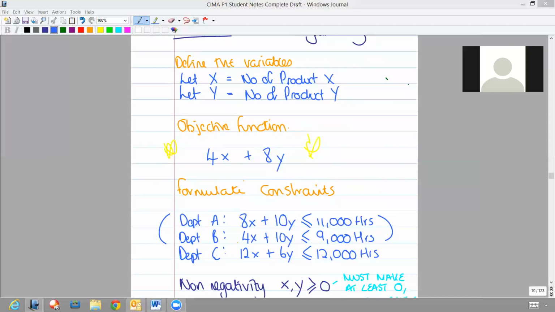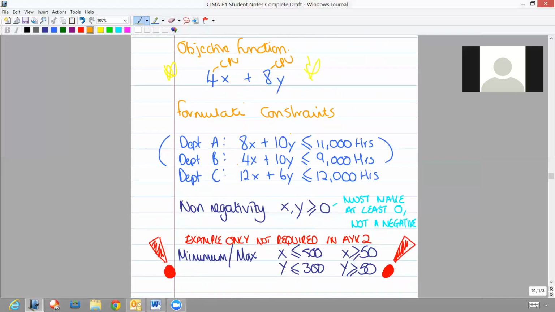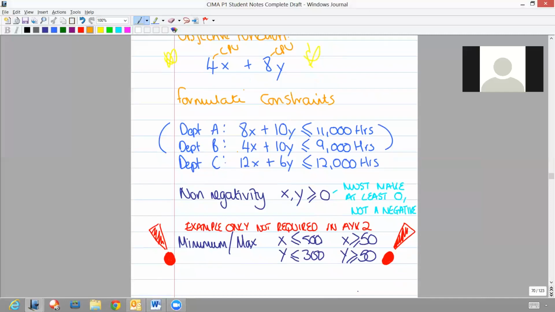So we've got 4x and 8y, 4 being our contribution per unit for x, and 8 being our contribution per unit for y. So this is what we want to do. We want to maximise our contribution or profit. We then formulate the constraints. So we simply take all of the numbers that we've been given and turn them into a sum. So looking at how much of each department or process or resource is being used for each of our products and what the maximum amount is that's available. Remembering to put in there our non-negativity and also any minimum or maximum levels.